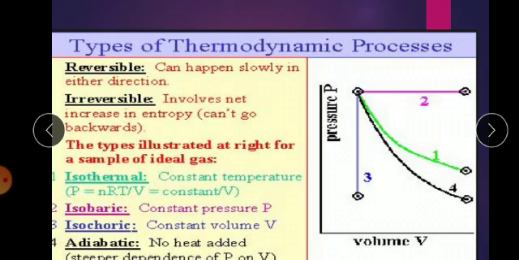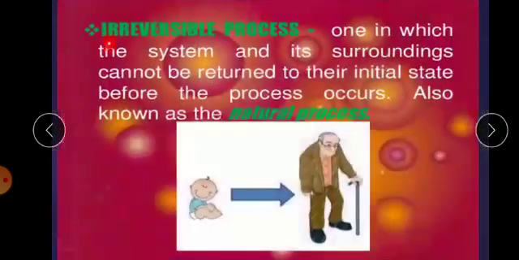The first, irreversible process. So what is an irreversible process? One in which the system and its surroundings cannot be returned to their initial state before the process started. You may know that all biological processes and all natural processes are irreversible processes.